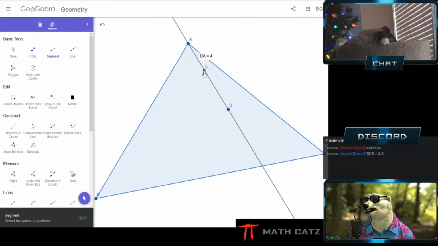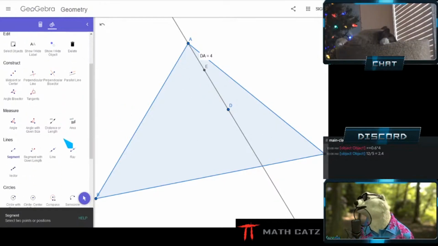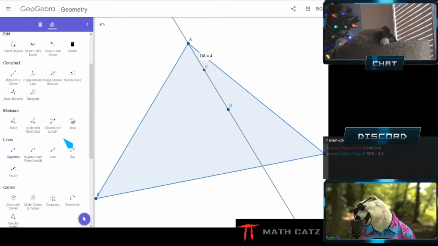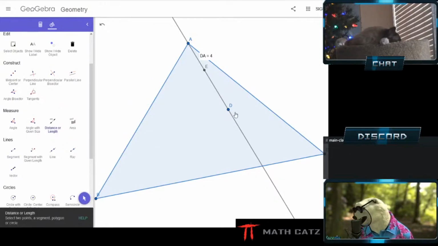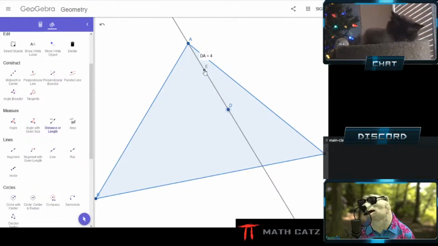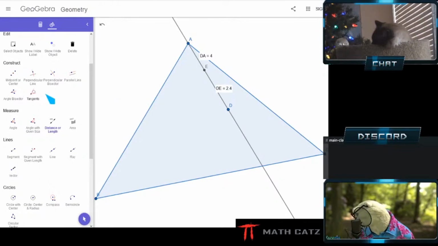I needed that point E. Now for clarity in my answer in a test, I'd like to measure DE to show the label. Like so. Just to show that it's what it should be, rounded to 1 decimal, which is automatic. Okay.